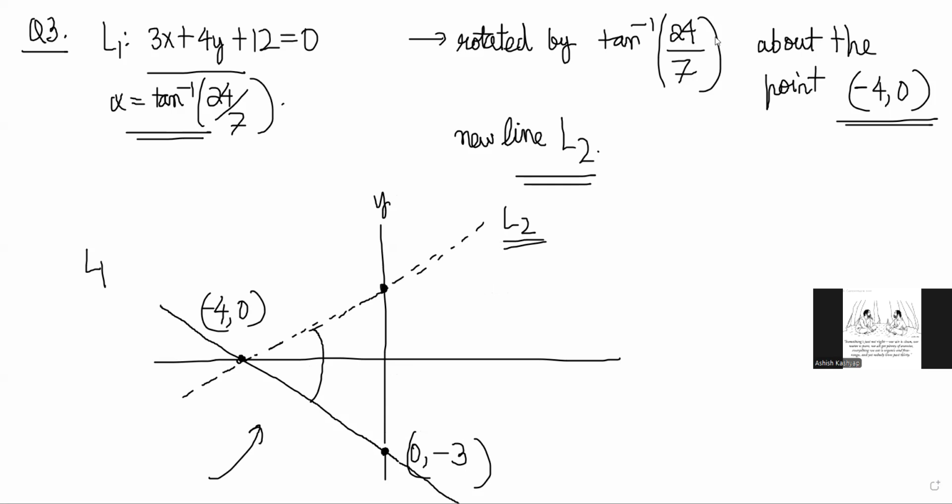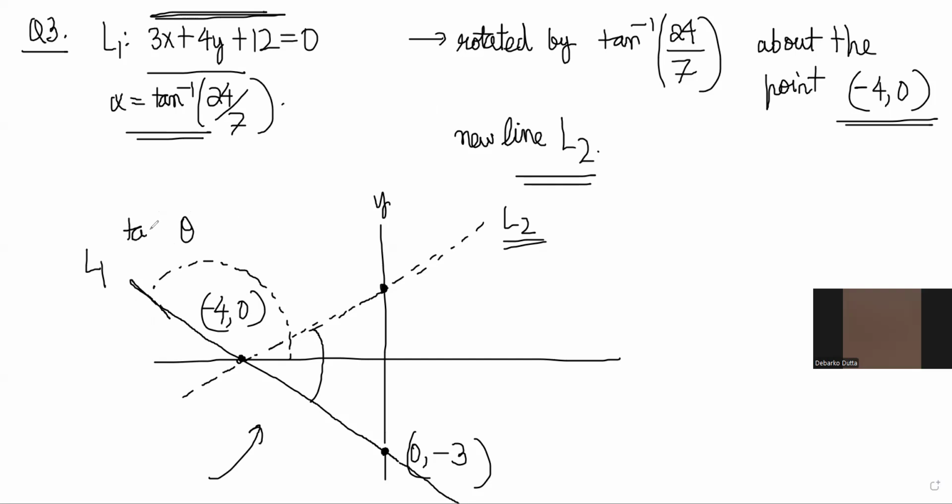So think about it. This line was having what slope? Slope was minus 3/4, right? Minus 3/4. Yes, sir. And that would have been the tan of this angle. Tan of this theta, this angle, should be minus 3/4, right?